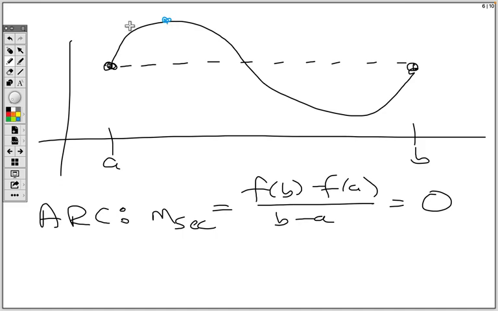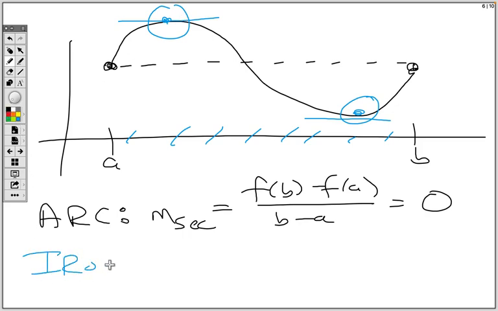Rolle's theorem says that there's at least one point in the open interval inside where the instantaneous rate of change, the slope of the tangent line, is also 0.